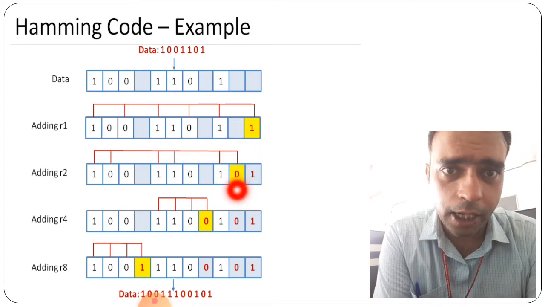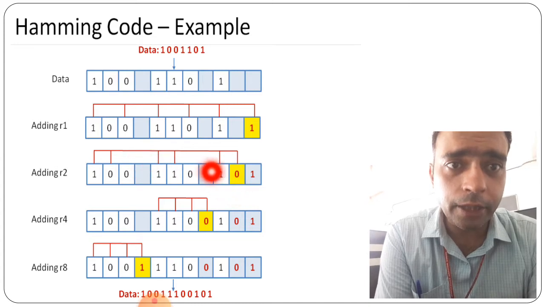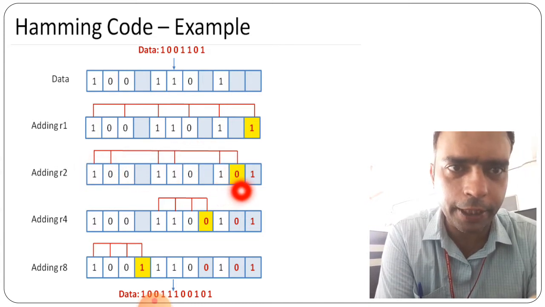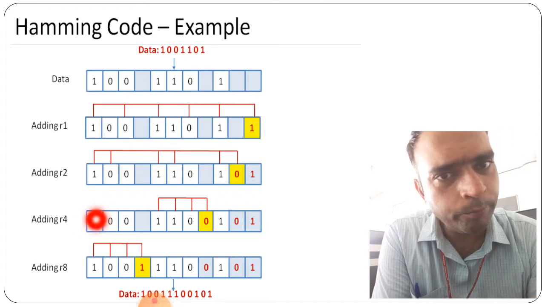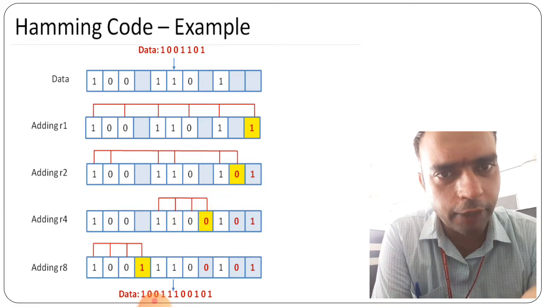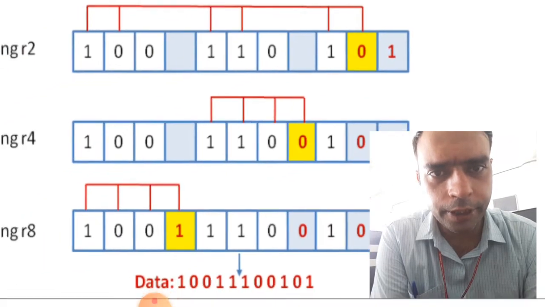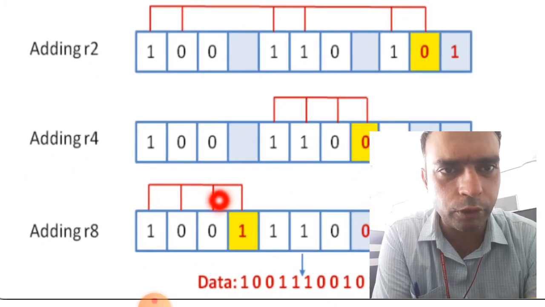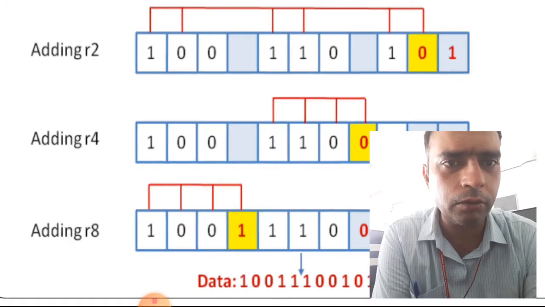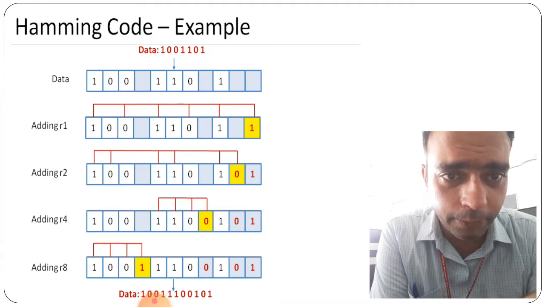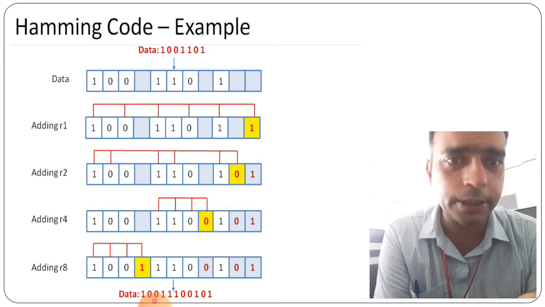Then R2 is taking care of these consecutive 2 bits, so here it will take some bit 0. Then R4 is taking care of these bits also, so here it will be 0. Then R8 is taking care of the last 4 bits, so here it will be 1 now. And finally we are getting the data 100 111 00 101.